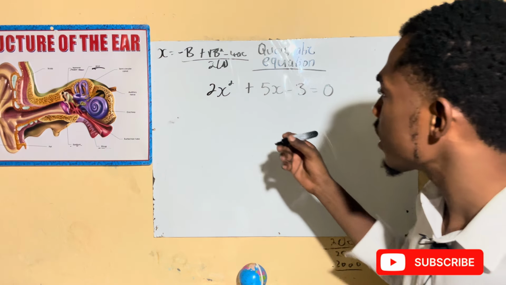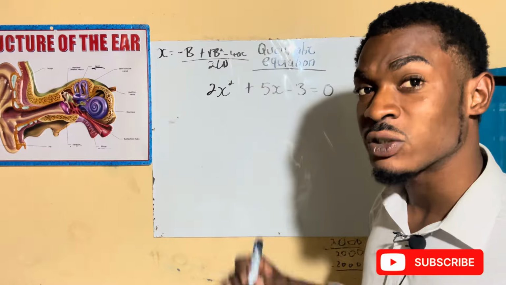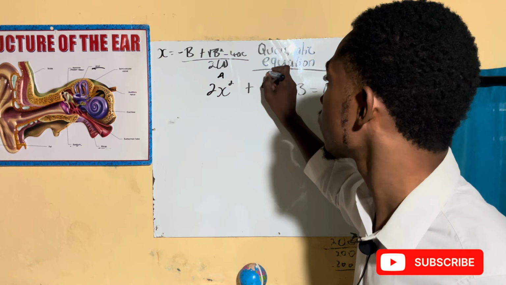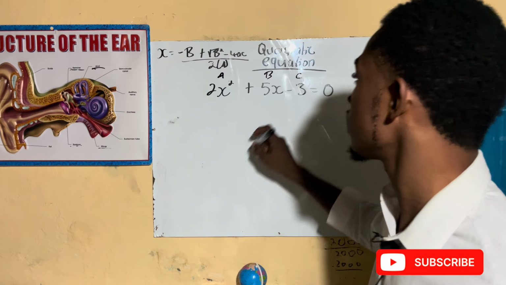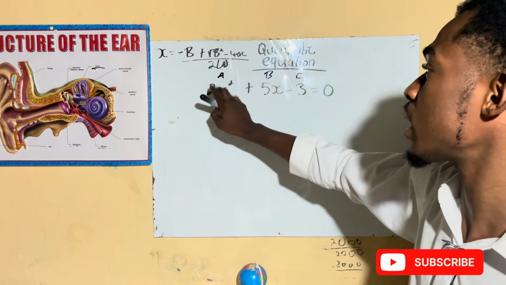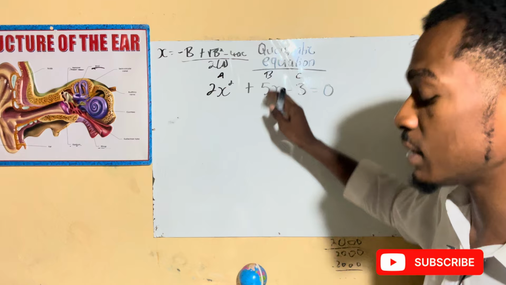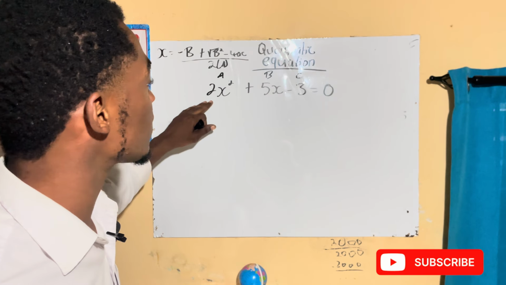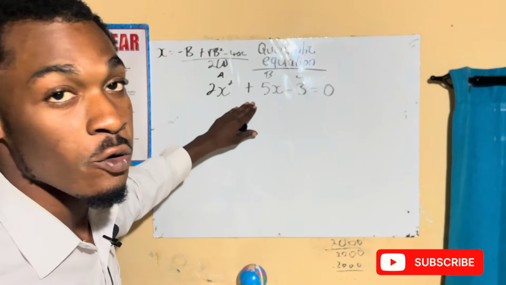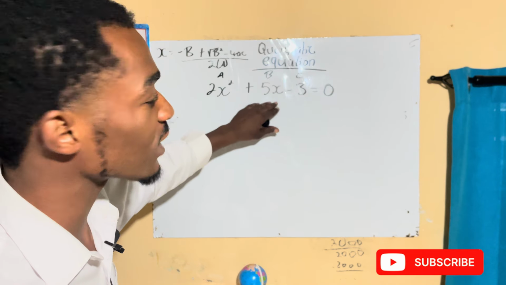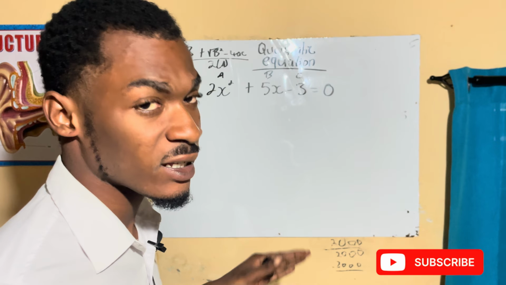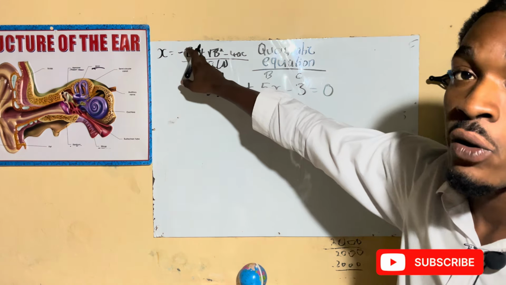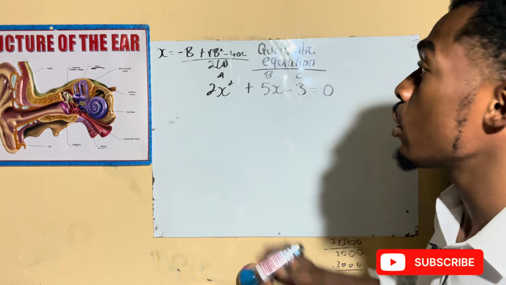But the thing I like to point out to my students is that we need to label A, B, C. A represents the coefficient of x squared, B represents the coefficient of x, and C is the constant. So we label them A, B, C, so we don't get confused with the formula that we wrote earlier.